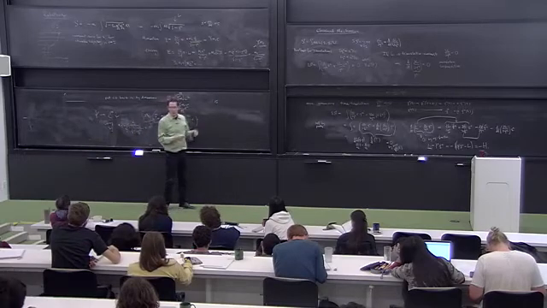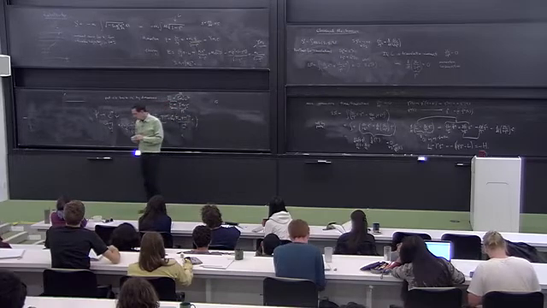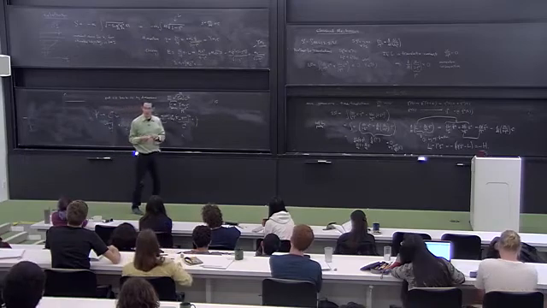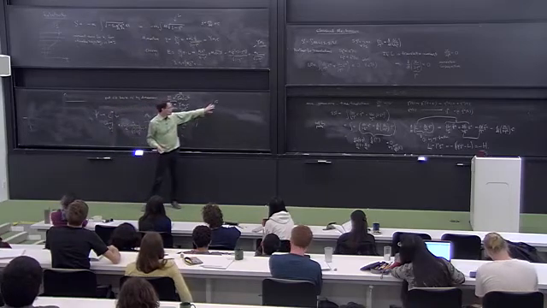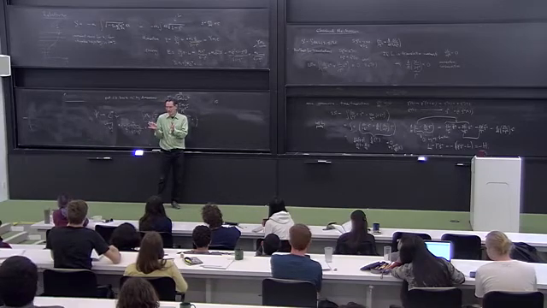Every one of those corresponds to a conserved quantity. All 15 of them give a conserved quantity. But you have to be a little bit careful with some of them. For example, I told you the Poincare group has 10 parameters. So where are the 10 conserved quantities?